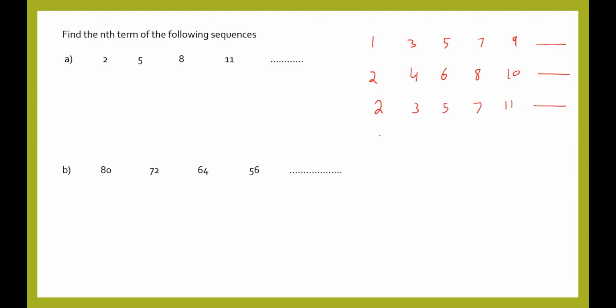The square numbers: 1 squared is 1, 2 squared is 4, then 9, 16, 25, and so on. Cubic numbers: 1 cubed is 1, 2 cubed is 8, then 27, 64, 125, and so on. Why am I listing these numbers? Because later we're going to compare the given sequence with one of these patterns to reach the formula.